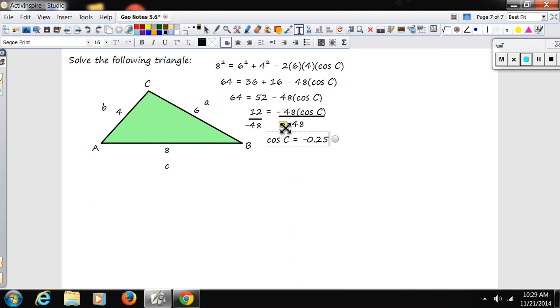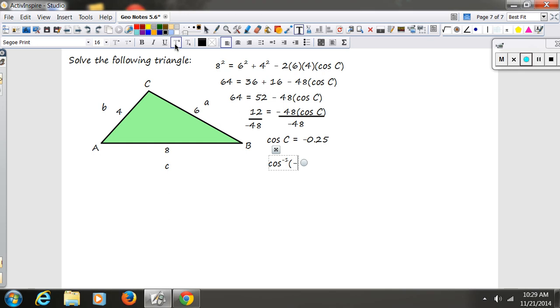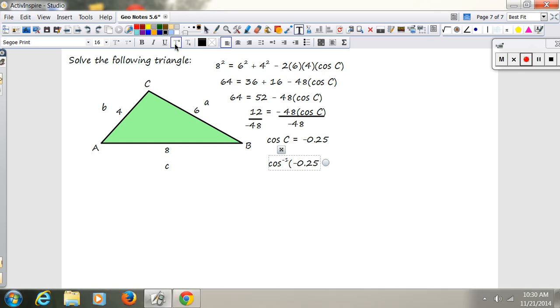Now that doesn't look like an angle, because what do we have to do now in our calculator? We've got to do the inverse. So cosine negative 1. In our calculator, cosine negative 1, and we're going to put in negative 0.25. Now the calculator knows that if you put a negative cosine in for the inverse, it's going to give you an obtuse angle. It knows that obtuse angles have a negative cosine value.